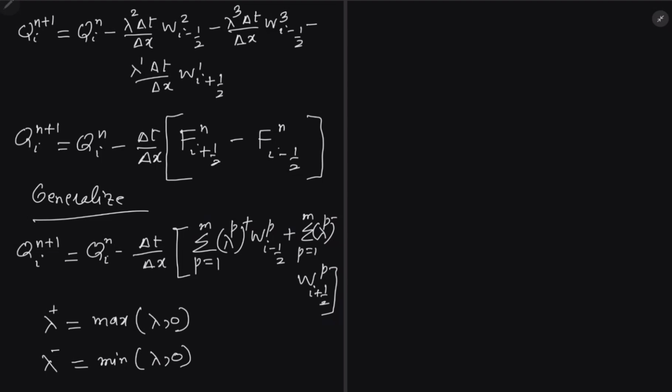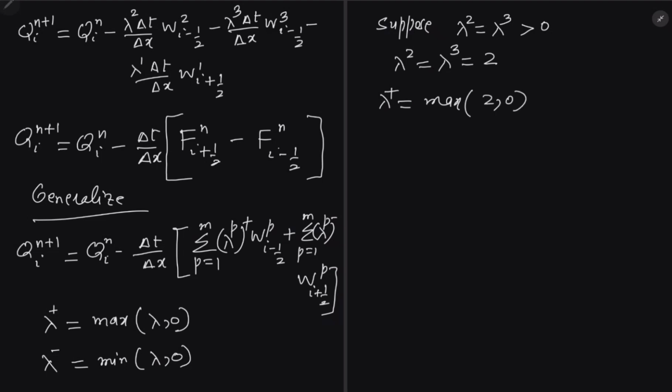Okay, let me just solve this for you for better understanding. Suppose lambda 2 and lambda 3 are greater than 0, and suppose that both have values 2. So lambda 2 positive will be the maximum of 2 and 0, and lambda 3 positive will also be the maximum of 2 and 0.